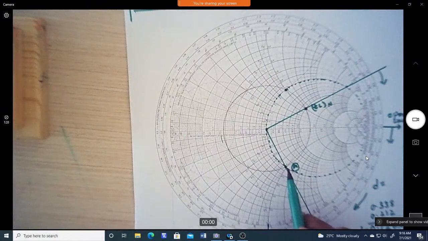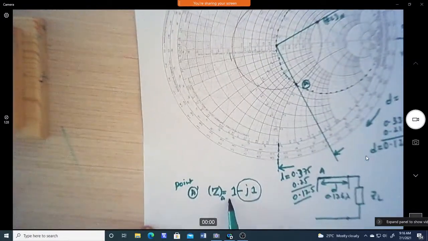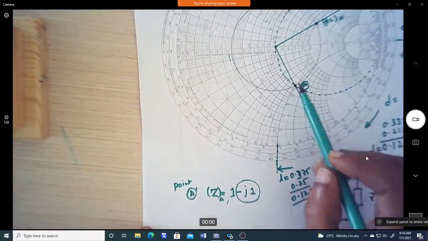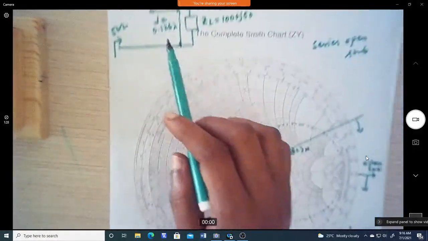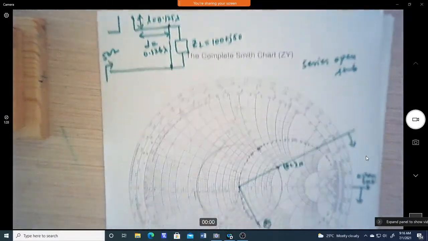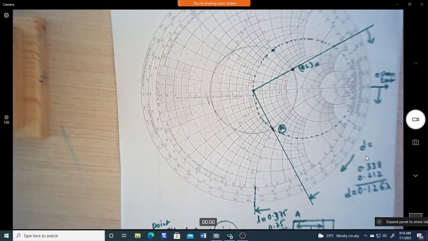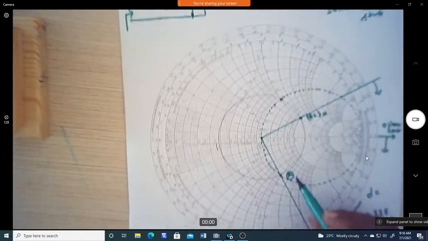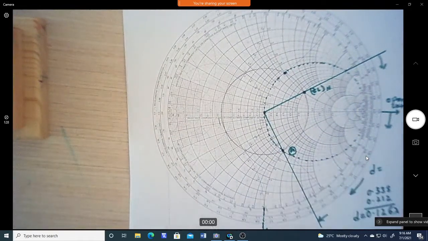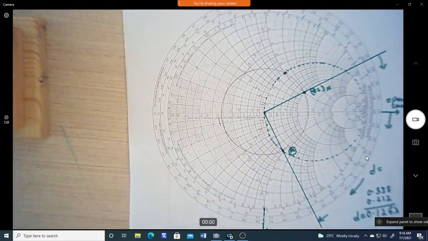Now you can see here, whatever we have got at point A, the stub value, the reactance value of this will be nullified by the series open stub of length 0.125. A little bit of change here: because it is offering 1 minus J1, we have to compensate with plus J1.